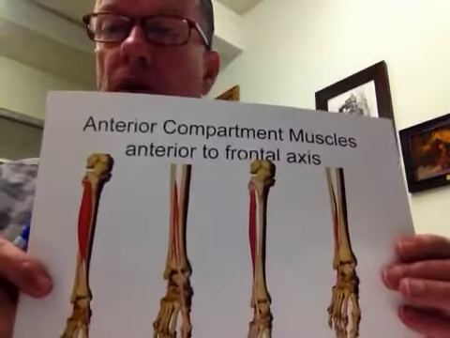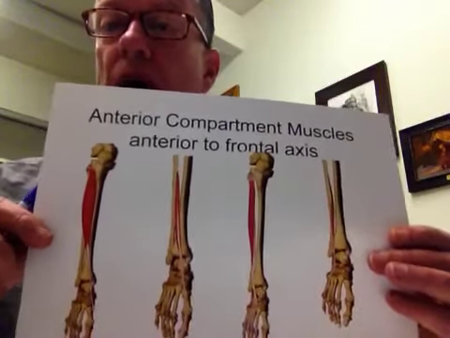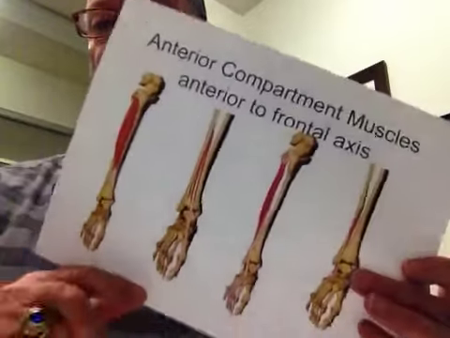That's the deep posterior compartment. The superficial posterior compartment consists of the soleus and the two heads of the gastrocnemius. So this is another way to learn the muscles. And what we'll do is look at the muscle groups by region on the next video.